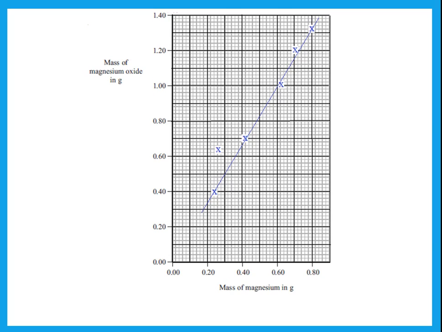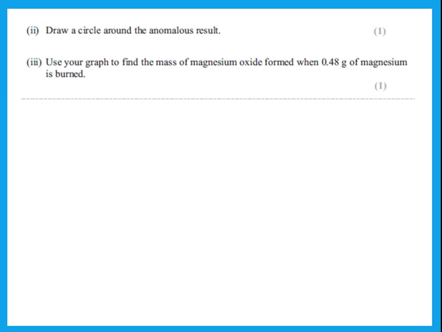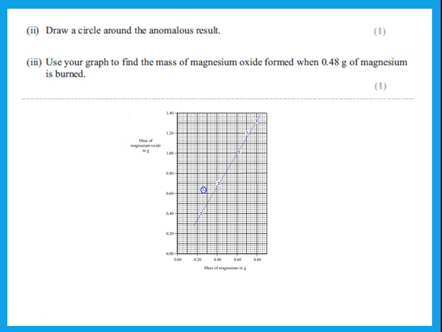So one of them is way away from the line. I don't include it. Since he says this is a straight line of best fit, I try to include as many of the points as possible. If one of them is way off, just ignore it. Draw a circle around the anomalous result. Of course, the one that is way off, that's the one that we call an anomalous result.